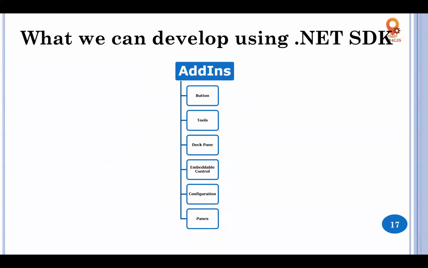So what are the things we can develop using .NET? If you learn ArcGIS Pro customization using .NET, these are the things we can create: button, tool, dock pane and so on.